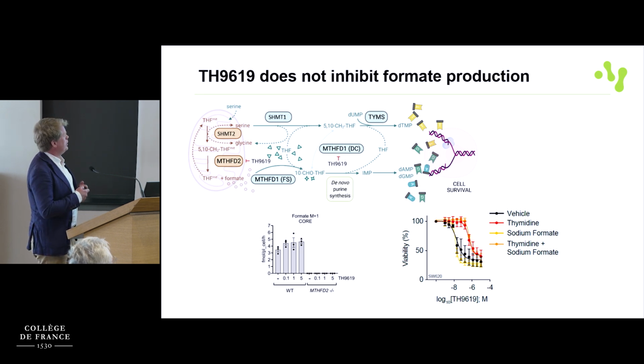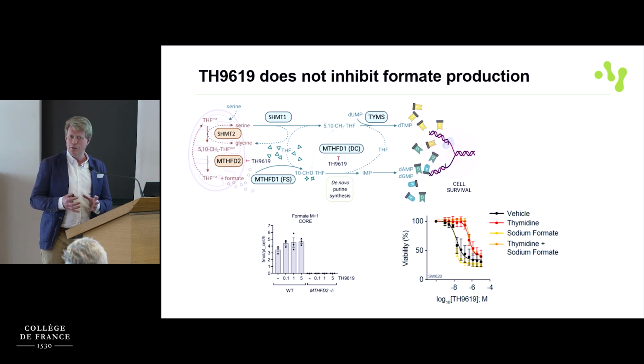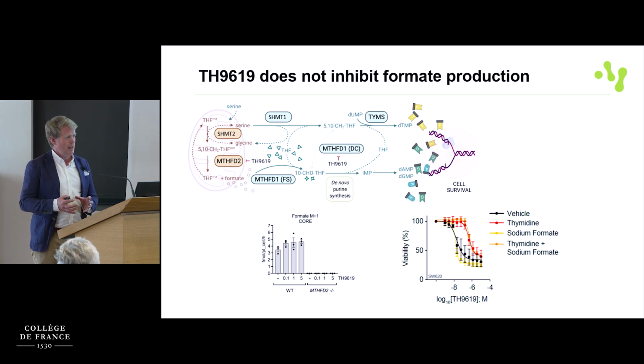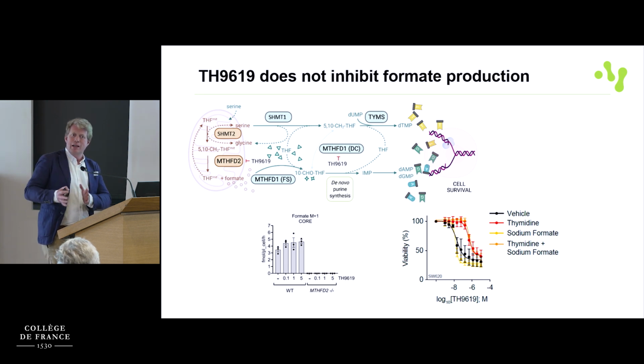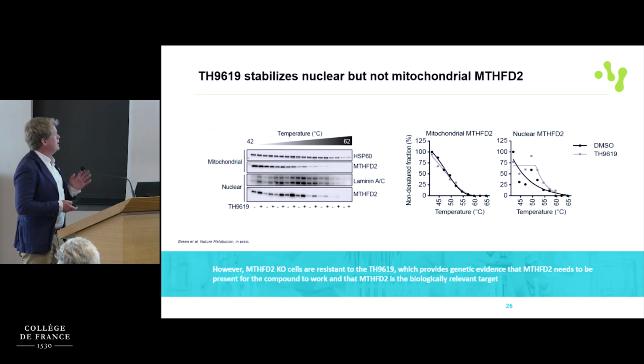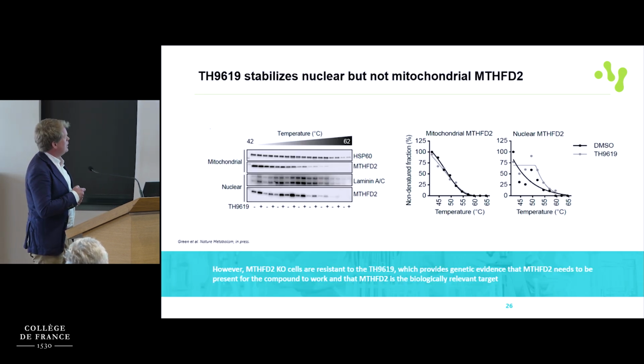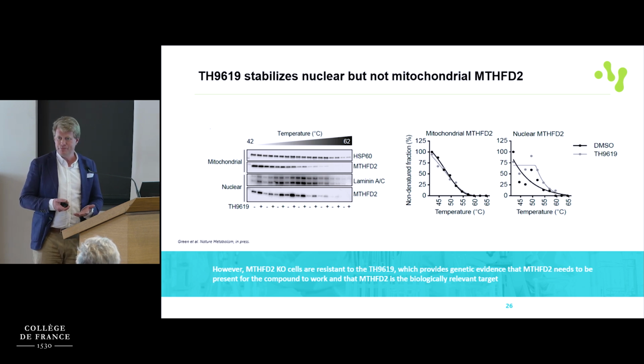And what we realized is that this 9619 is structurally very similar to methotrexate and pemetrexed. And those do not enter into the mitochondria because there is a specific transporter into the mitochondria. So we then tested and isolated mitochondrial DNA and saw that the MTHFR2 wasn't stabilized in the mitochondria, only in the nucleus.